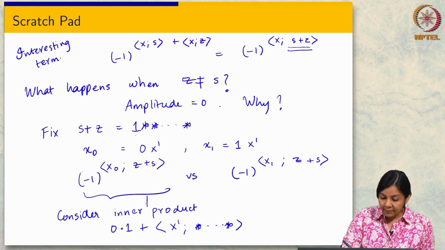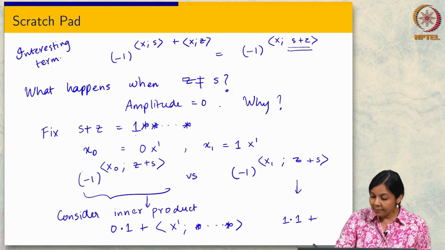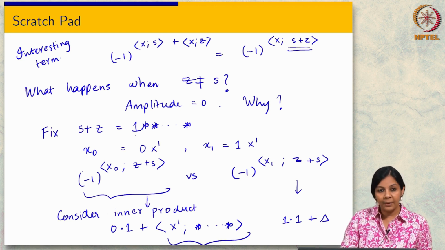In this case, for x1, I get 1 times 1. Everyone agrees? So, I get 1 times 1 plus the same inner product. Let me call this delta. So, this is 1 plus delta.